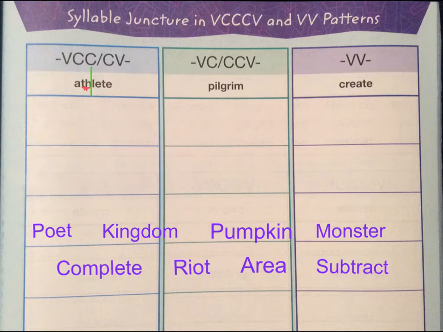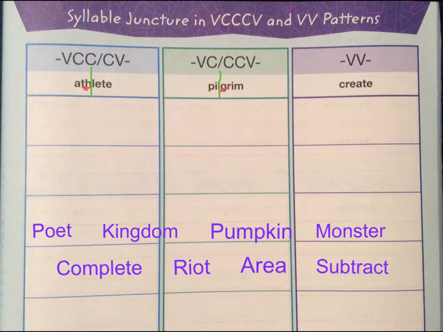In our second column, we are separating the syllable pilgrim, and the separation comes right before the blend or the digraph. So pilgrim, we separate between the L and the G, and that GR is the blend sound. And so then our pattern is vowel, consonant, then consonant, consonant, vowel.